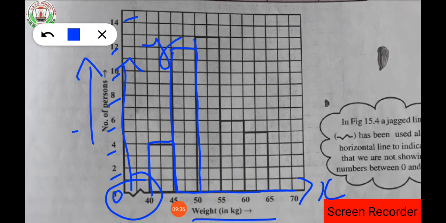That is 13 persons. So 13 will come between 14 and 12 at the center. Okay, so here is the 13 persons graph. Now 55 to 60, how many persons are having weight? That is 6 persons. And 60 to 65 kg weight, how many persons are having? That is between 4 and 6, will be 5 persons.